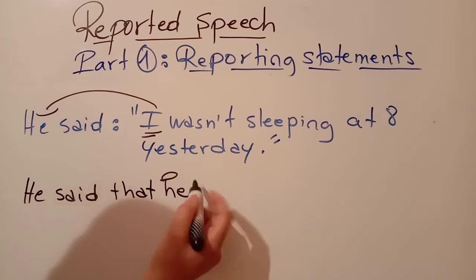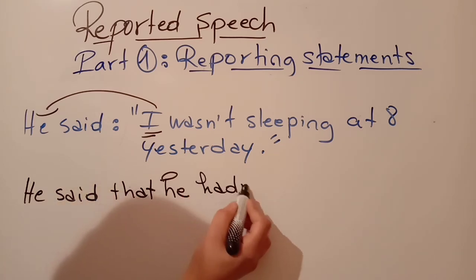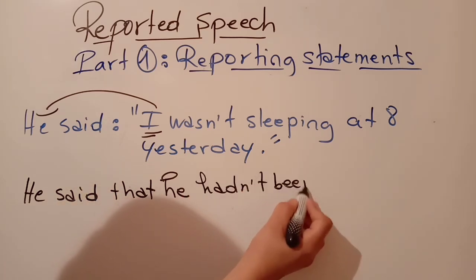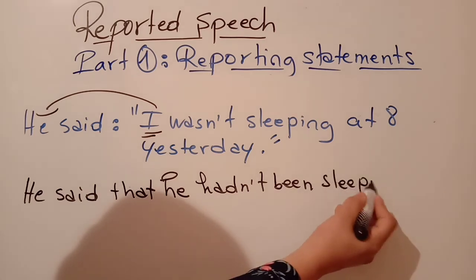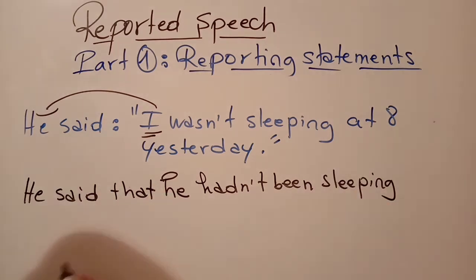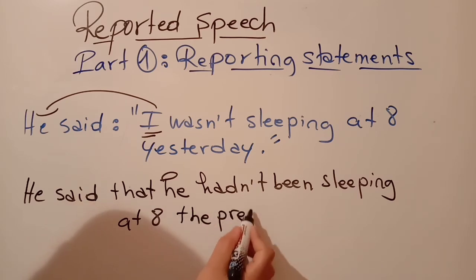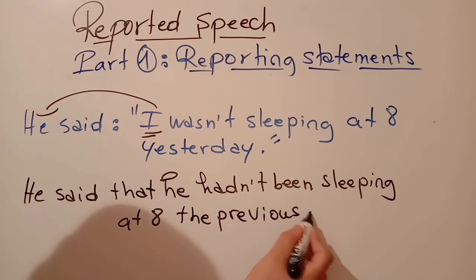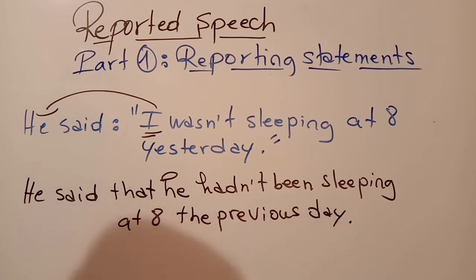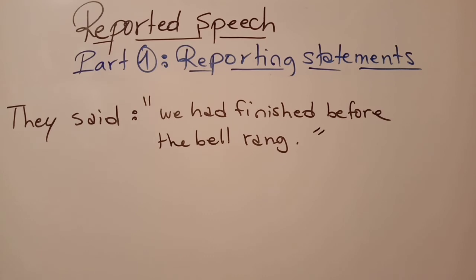He said that he hadn't been sleeping. Okay? He hadn't been sleeping at 8. Yesterday becomes the previous day or the day before. Right? Good. Okay, let's see this example.